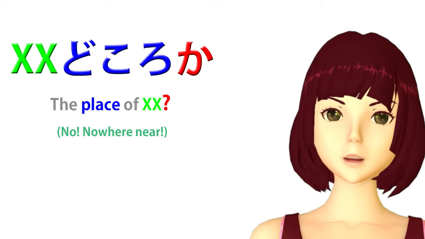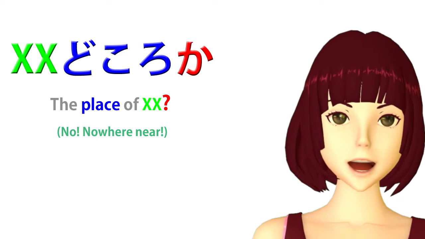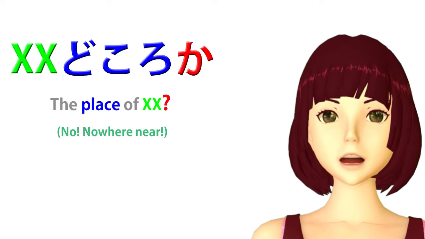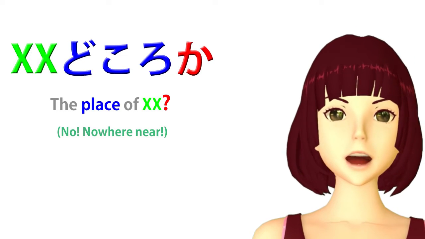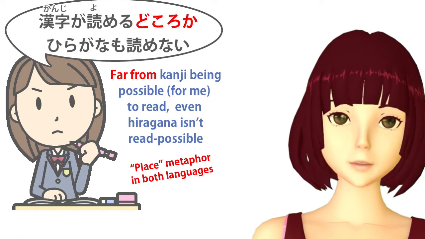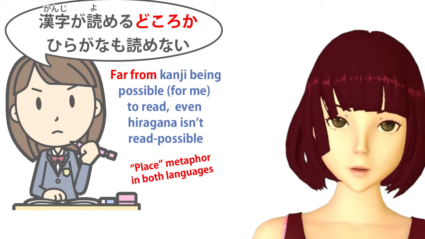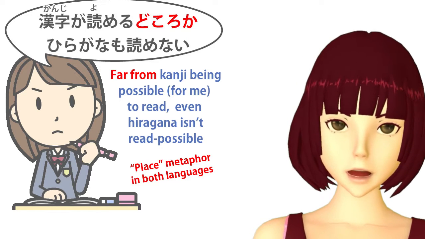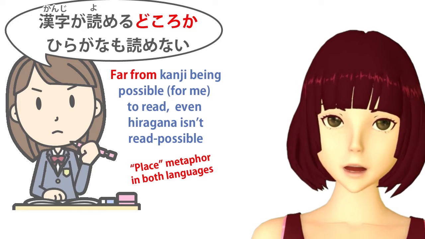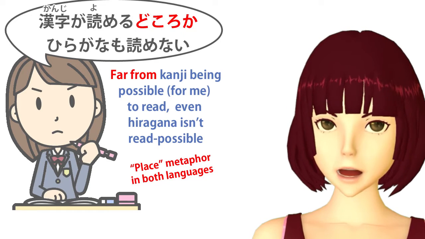So when we say dokoroka, we're negativizing what came before it, and usually putting an even stronger negative after it. So if we say, for example, "kanji ga yomeru dokoro ka, hiragana mo yomenai." Not only can't I read kanji, I can't even read hiragana.